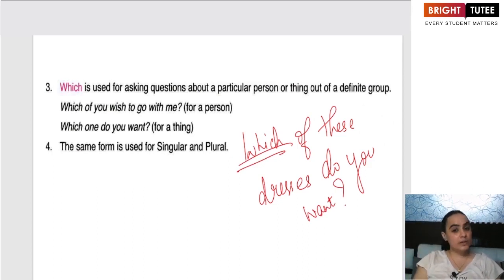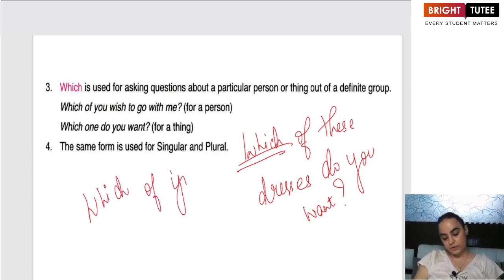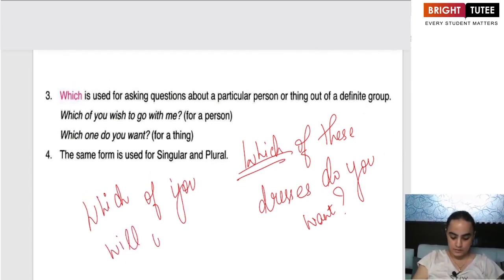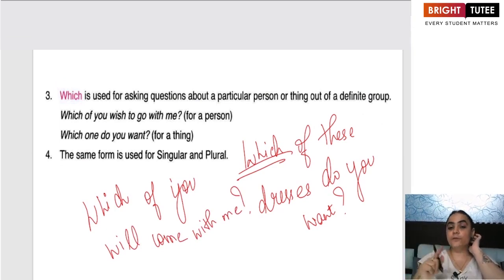I'm using which. If I give you another example, which of you will come with me? Again, a specific group that I'm asking, that which one of you in specific is going to come with me.